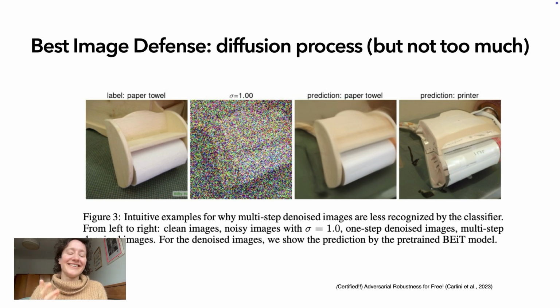So I just have to laugh because this encompasses everything about memorization and machine learning that you need to know. But essentially, since we know diffusion models are really, really good at memorization, if you do multi-step, it will start turning the input into something that it knows from the training data set.